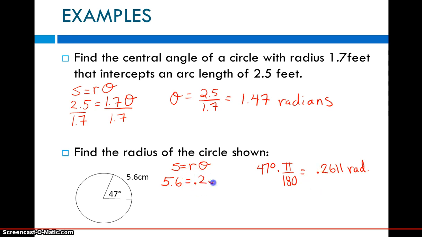So let's write that in. And we're looking for the radius, so we're solving for r. So we're going to divide both sides by 0.2611. When we divide both sides by our central angle, we find that the radius is going to be 21.45, and we need to know what the unit is, so it's going to be in centimeters.